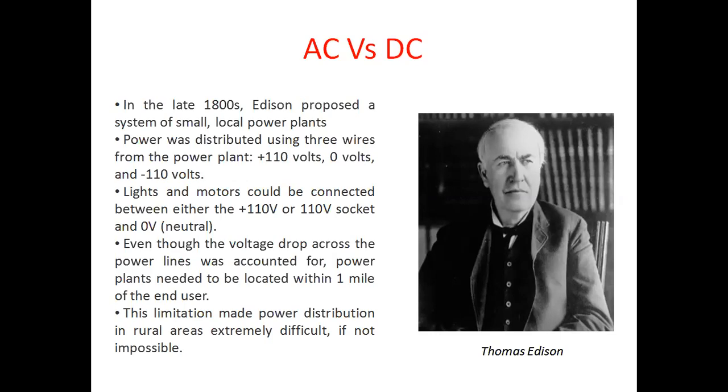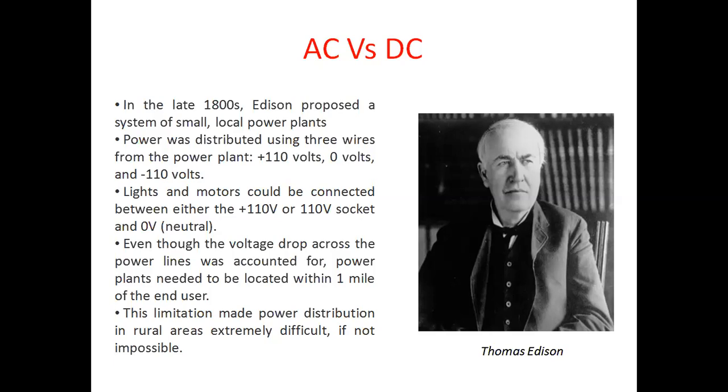The lights and motors could be connected to those wires, with either positive or negative voltage and zero voltage, that is neutral. The 110 volt allowed for some voltage drop between the plant and the load. Load means we can consider it as a residential building or offices, etc.